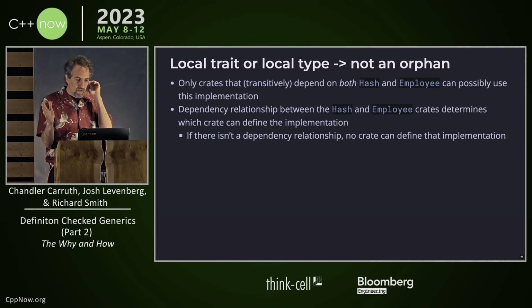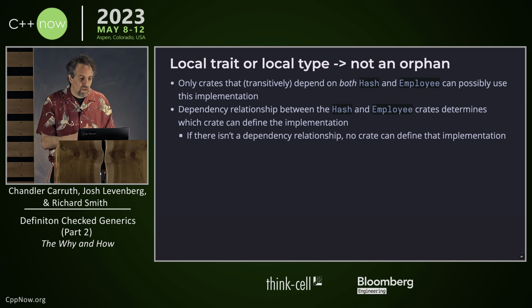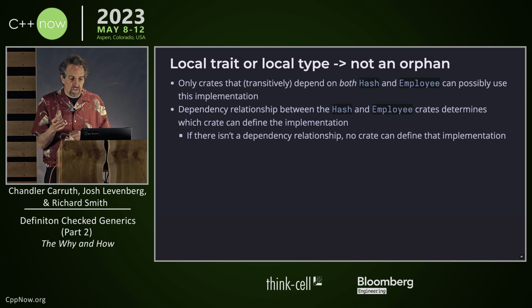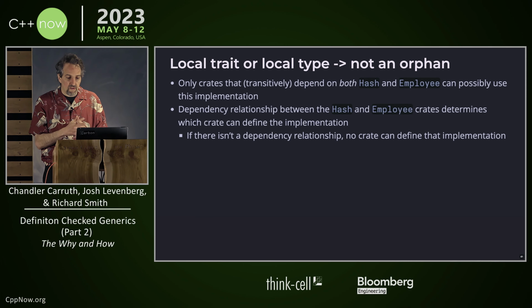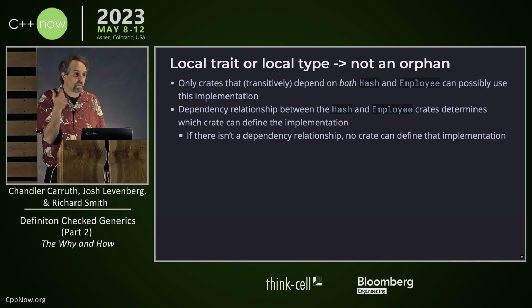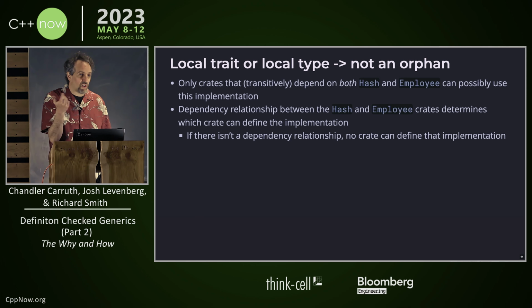So the rule is, if you have a local trait or a local type, it's not an orphan. And this is enough to get our property that we want. Only crates that could use that implementation must already depend on both the trait and the type. So this gets us our coherence property.